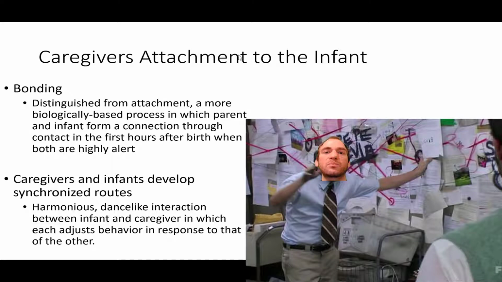And as previously stated with attachment, it's not this automatic process, but rather developmental outcomes associated with attachment, and the specific type of attachment that develops is in response to particular environments.